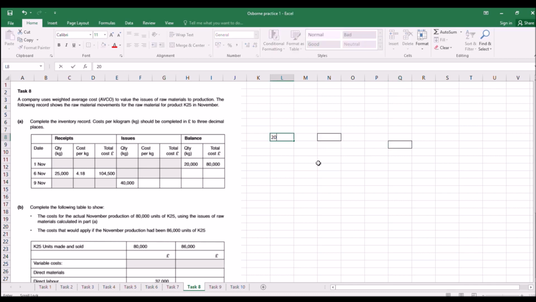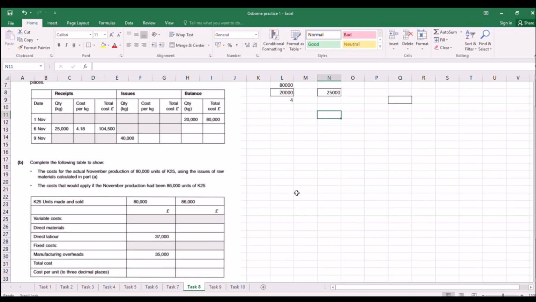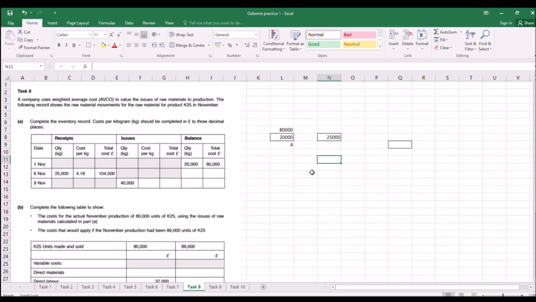The opening stuff in the warehouse we put on one truck, 80,000, and that's £4 a unit, isn't it? Divided by £4 a unit. Then we've got this receipt that comes in, £25,000 on this truck. It would have been nice later on to have another question talking about LIFO or FIFO or whatever.